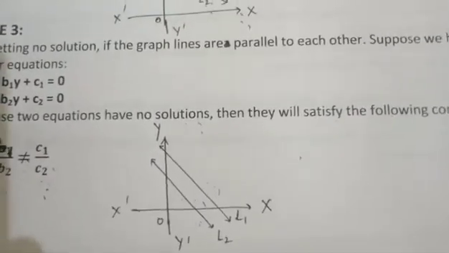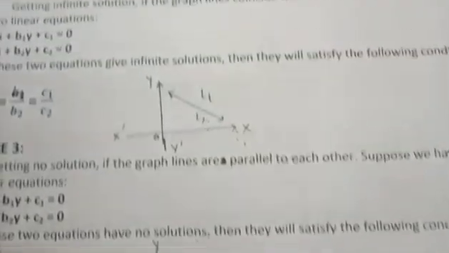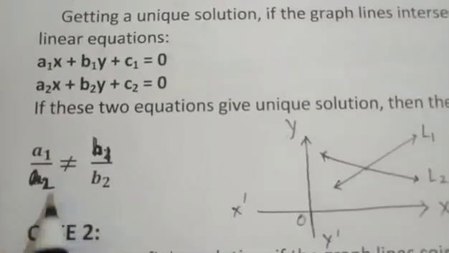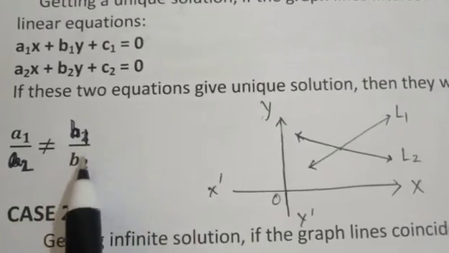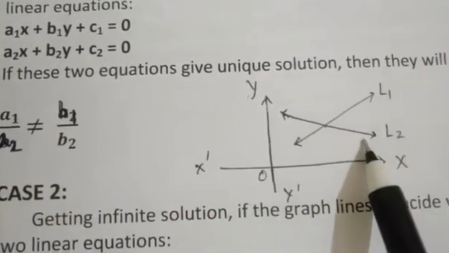So if you look at the three cases, the conditions for the three cases are different. For the first case, the condition is that a1 by a2 is not equal to b1 by b2 and the graph will be intersecting.